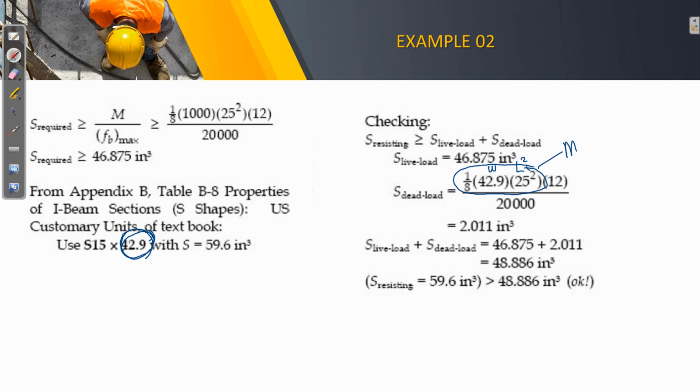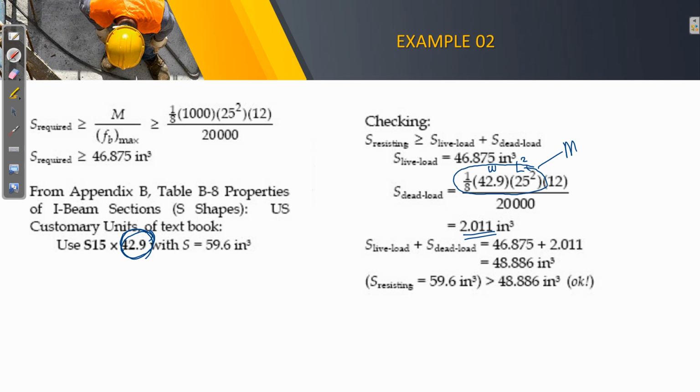From this, we get the section modulus of the dead load, which will be added to 46.875 for the live load. We come up with 48.886.